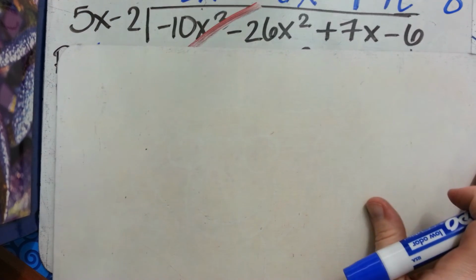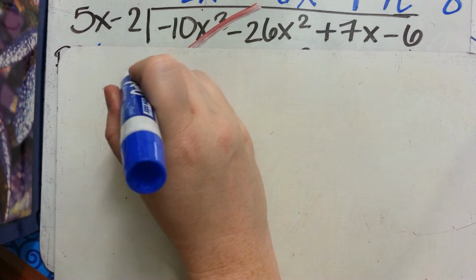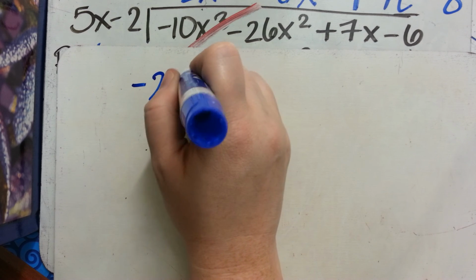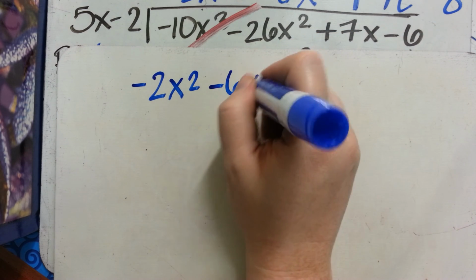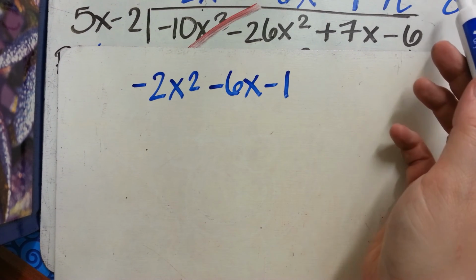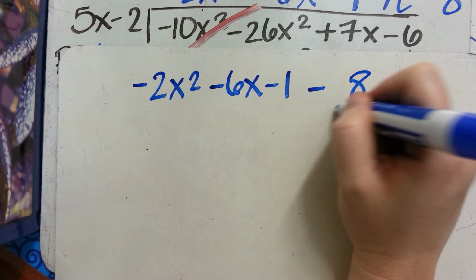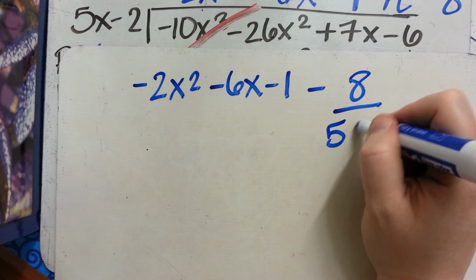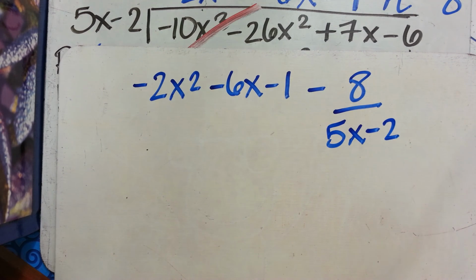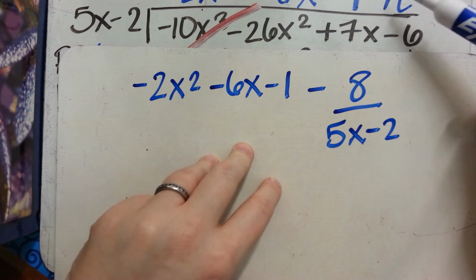But another way that you're often going to see it, because we're working with polynomials instead, is it would be negative 2x squared minus 6x minus 1, and they'll write the remainder over the divisor like this. And I know this looks kind of weird because it looks like a scary looking fraction, but this is just another way of writing the remainder.